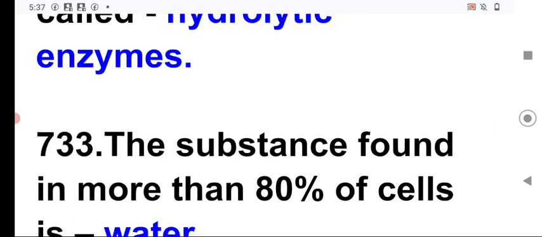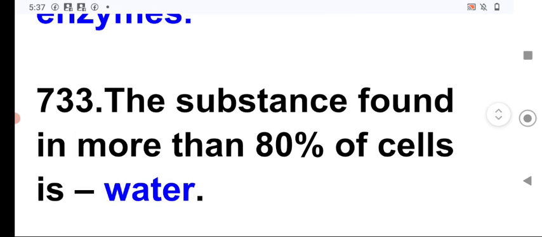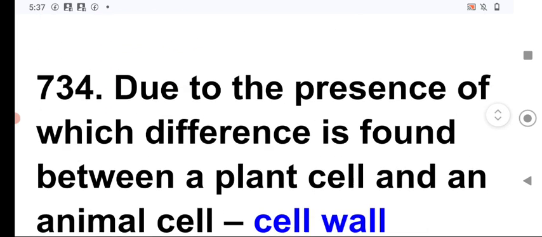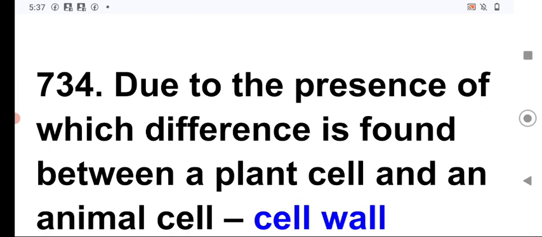Next question, the substance found in more than 80% of the cells is water. Due to the presence of which structure is a difference found between a plant cell and an animal cell?